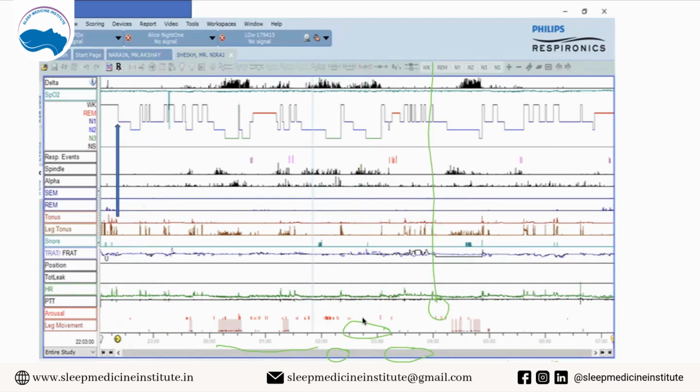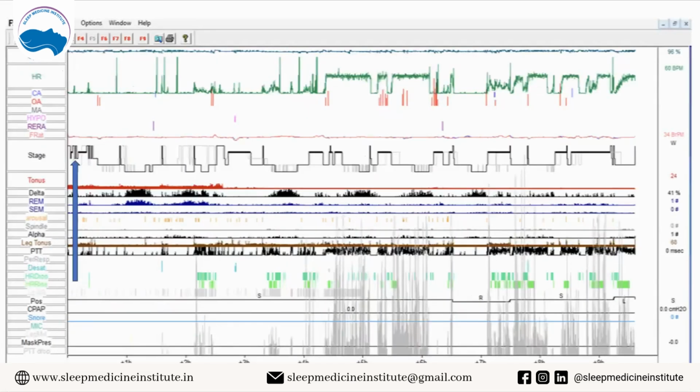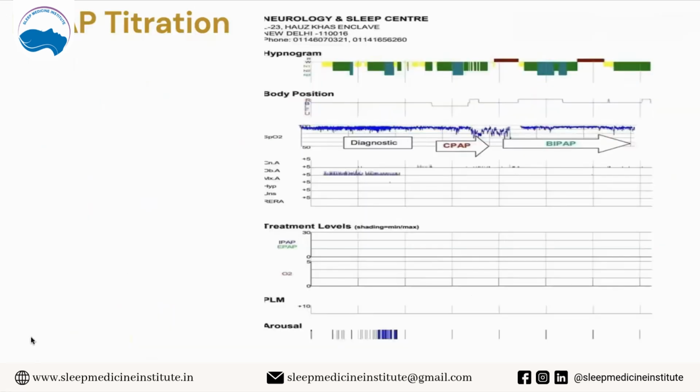Let's remove these and we'll do a fresh one again. So in this, these are the sleep stages here, and these blue lines are the stage 3, the green ones are the stage 2, then the red ones are the REM.